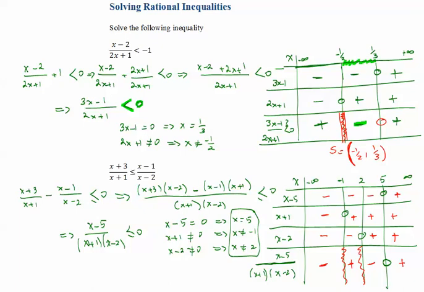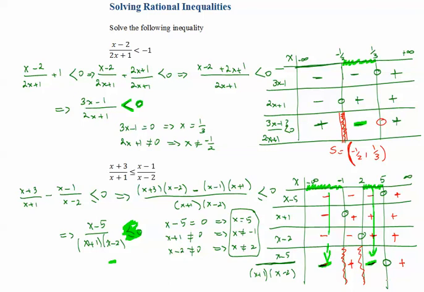So here now, what we care about is when this is less than or equal to 0. That means a negative or equal to 0. So here is a negative and here is again. So if x is in this interval, it will make the rational function negative, and if x is between 2 and 5, it will make this function also negative.